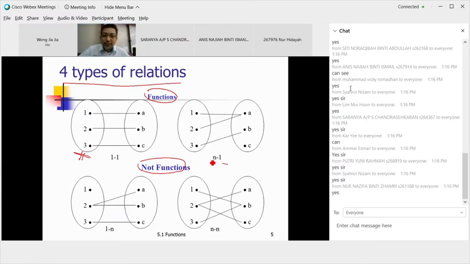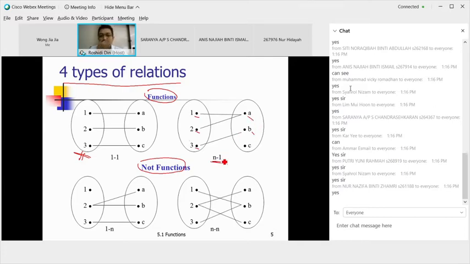Another thing, many to one is also a function. Here from the domain, each of them has a relation and one mapping. But for the range, here two elements share mapping from set A. It doesn't matter. This is many to one.